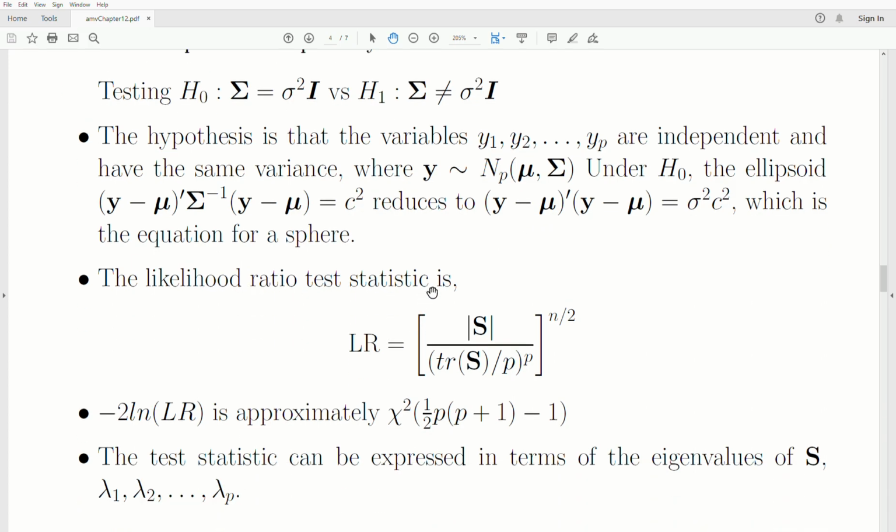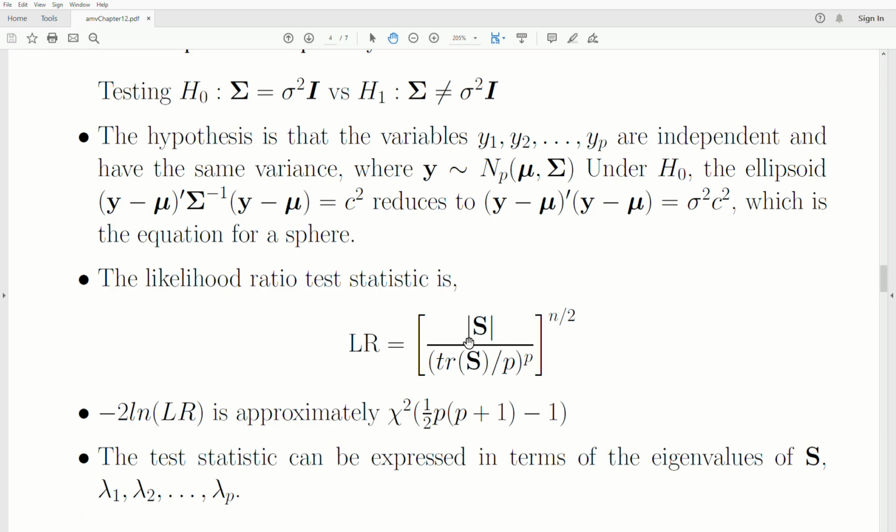And the likelihood ratio test is this, which makes perfect sense because we're testing, look at the ratio of the sample generalized variance, S, versus the sample total variance. Now, if the null hypothesis is true, those should be equal.